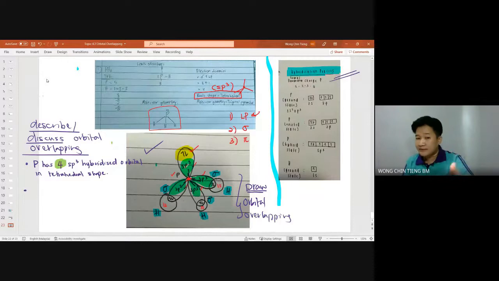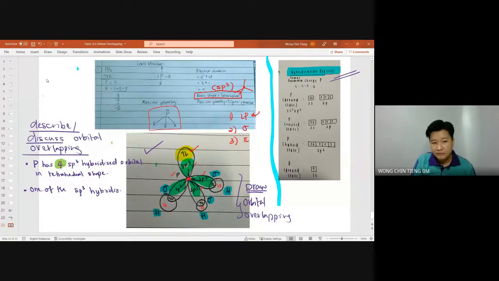Markah kedua, mula dengan lone pair. Macam mana kamu tulis? Macam mana kamu lukis? Kita mula dengan lone pair, betul? Bagi tahu. One of the, salah satu, sebab satu je kan lone pair kita. One of the sp3 hybridized orbital has a pair of electron which is lone pair.